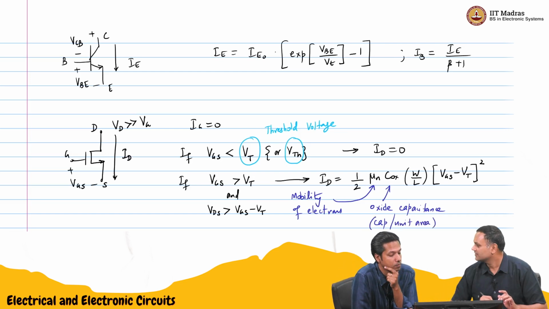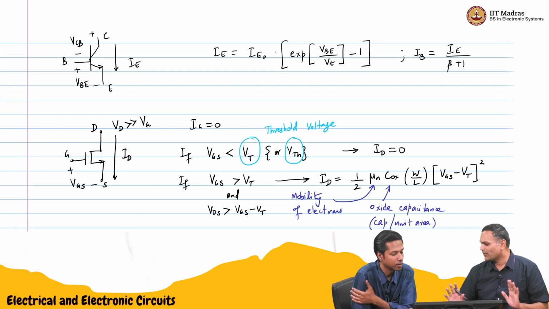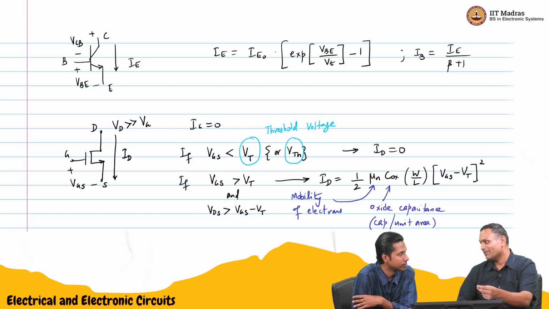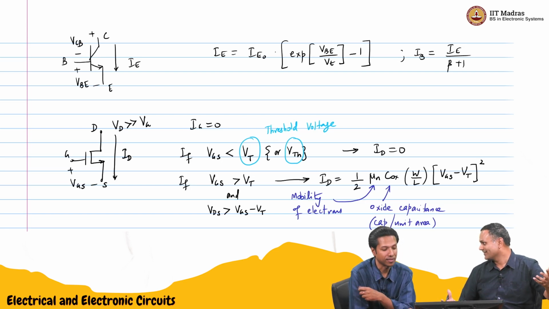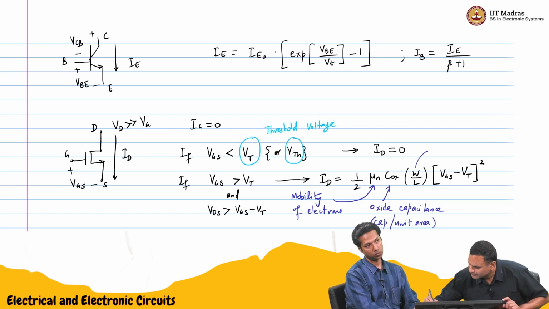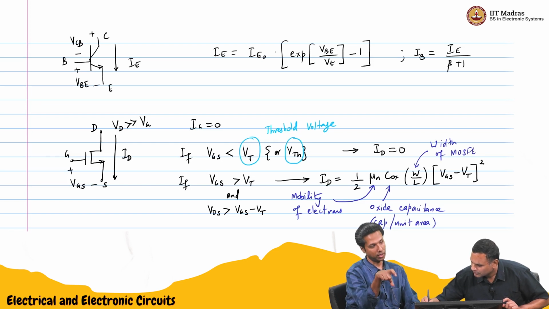We'll just write it like this: capacitance per unit area. Why unnecessarily tie it to femto and micron? Because you can go to the market and buy a power MOSFET which will be millimeters wide. So W and L are the width and length of the device, or the channel in which the current is flowing.